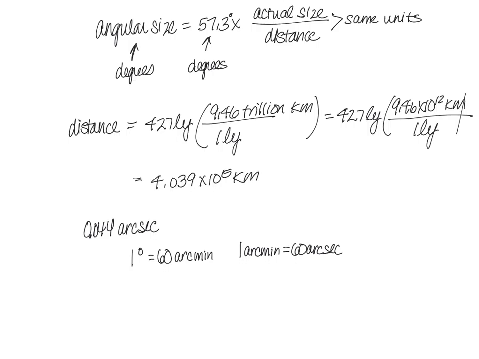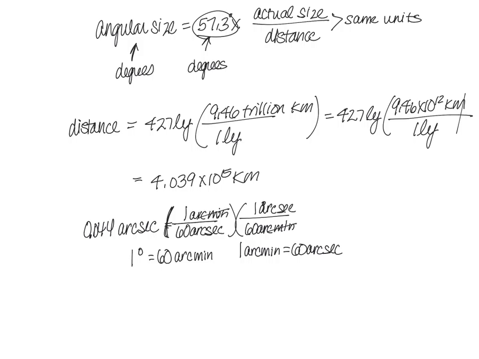Now, I'd like to change this to degrees because the 57.3 right here is in degrees, and I want to be consistent. Otherwise we're going to have a big problem. So we're going to use a unit conversion: there are 60 arc seconds in 1 arc minute, and then 60 arc minutes in 1 degree.